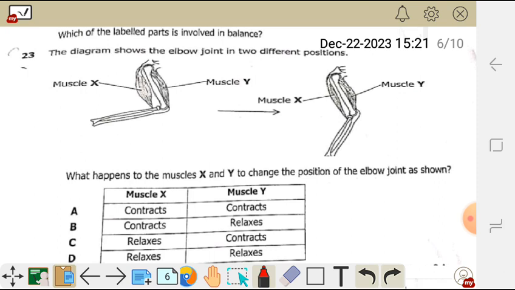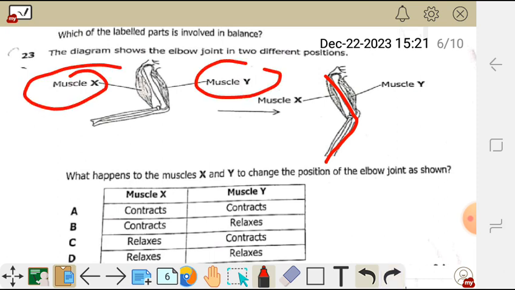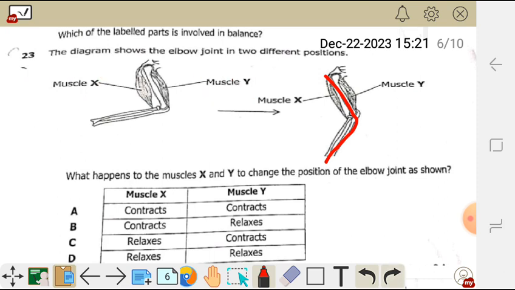What happens to muscle X and Y to change the position of the elbow joint as shown? It was in this form, and now it is in that form. So what happens to the muscles X and Y to cause this change from that position to this position?